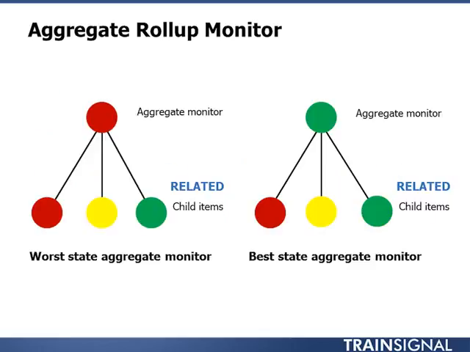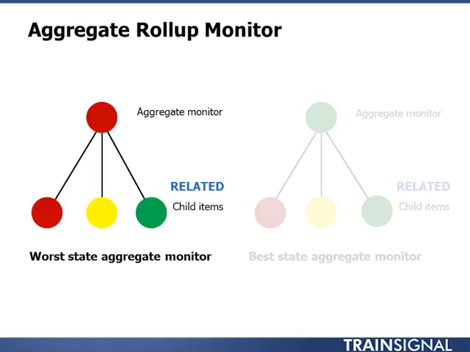Now, when you think about how this rolls up to a higher level item, when you have a group of items being monitored within an aggregate monitor, you've got a couple of different choices for how this state information can be rolled up. The most common type is to use what's called a worst state health policy. In this case, the aggregate monitor matches the state of the child monitor that has the worst health state of the group.